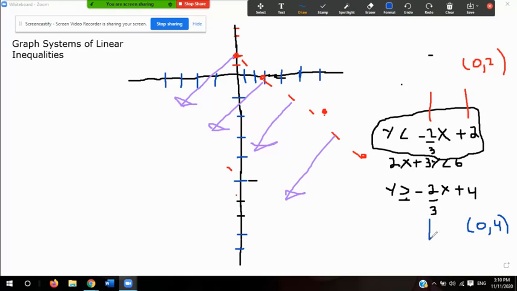So that means down 2 spaces and 3 spaces to the right, but starting at 0, 4. So 0, 4 is here. And again, 2 spaces down, 1, 2, and then 3 spaces to the right, 1, 2, and 3.